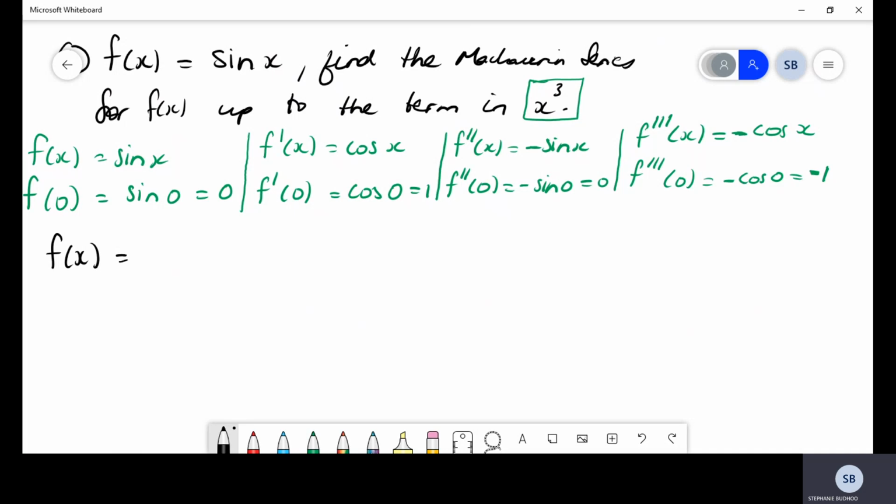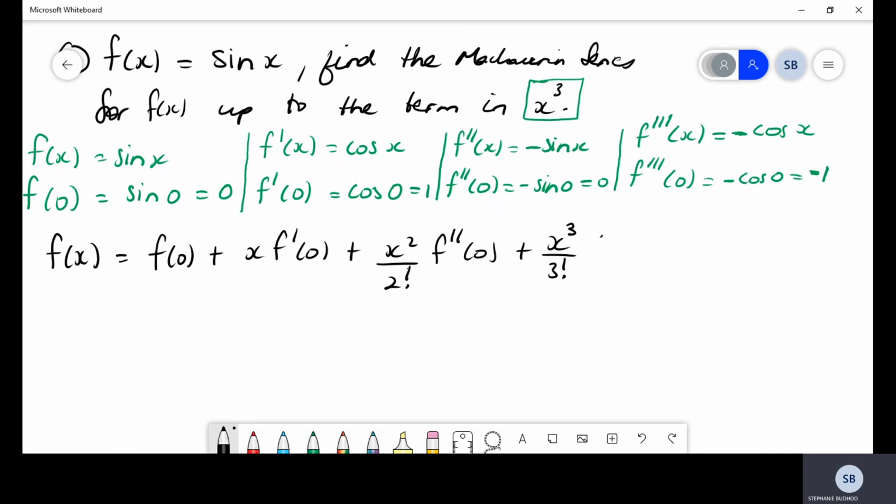Functions written as an infinite polynomial series take the form f of 0 as your first term, plus x squared on 2 factorial by your second derivative, plus x cubed on 3 factorial by your third derivative. Of course, this keeps going on and on for terms beyond the power of 3, and so on. So let's get into it here and see what's happening.